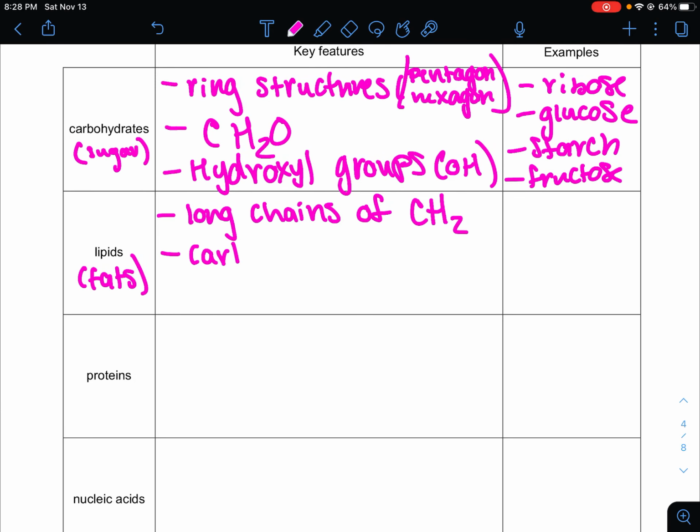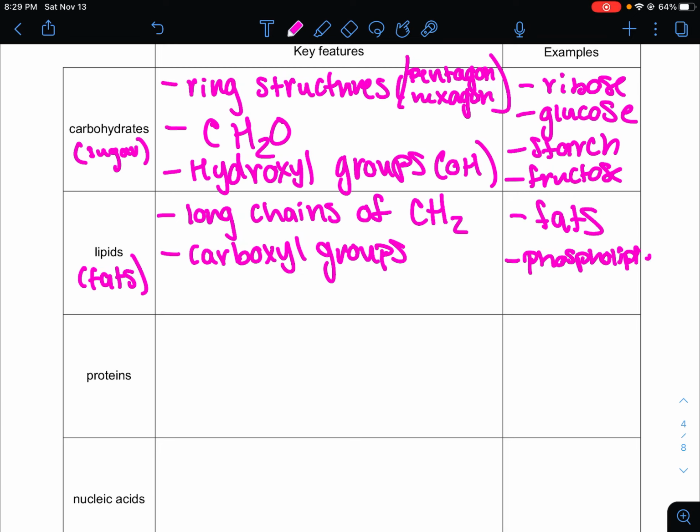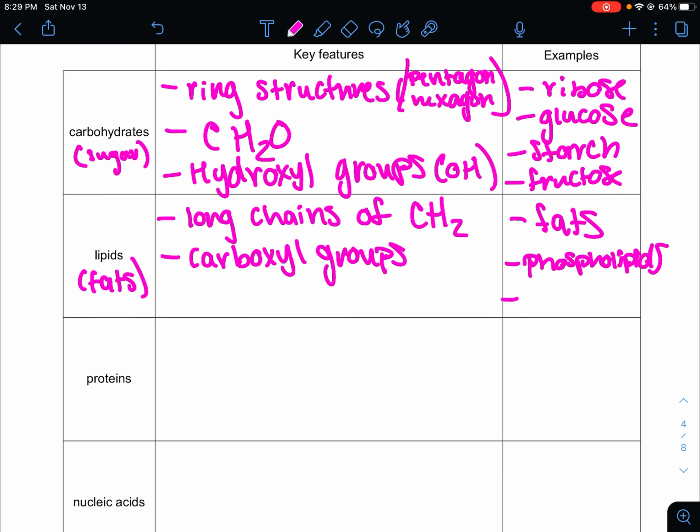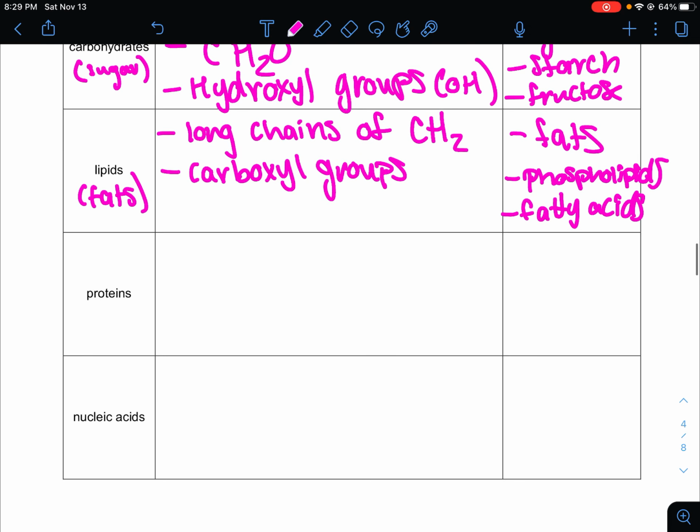Again, they have the carboxyl groups, and that's the only functional group that they have. Examples, I would just say like fats or phospholipids could be another one. And they are made up of fatty acids, which you should know how to draw.